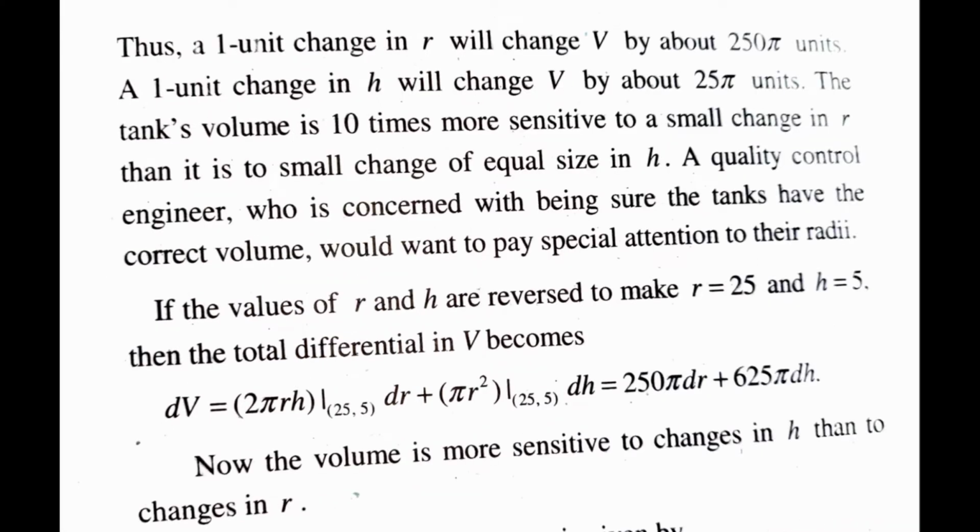Thus, a 1 unit change in R will change V by about 250 pi units. A 1 unit change in H will change V by about 25 pi units. The tank's volume is 10 times more sensitive to a small change in R than it is to a small change of equal size in H.